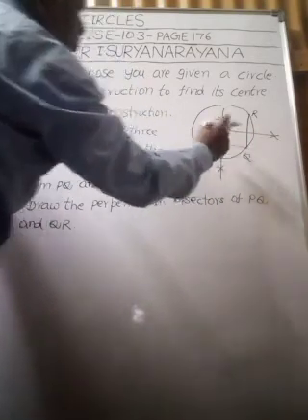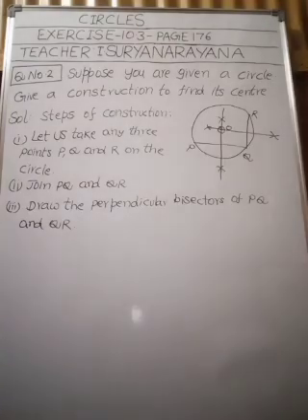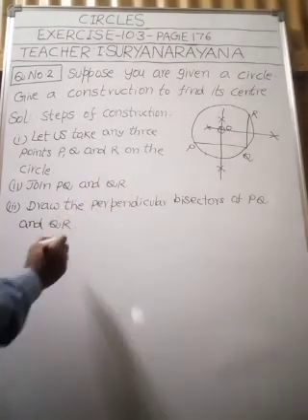Then these two perpendicular bisectors intersect at O. Okay, my children.